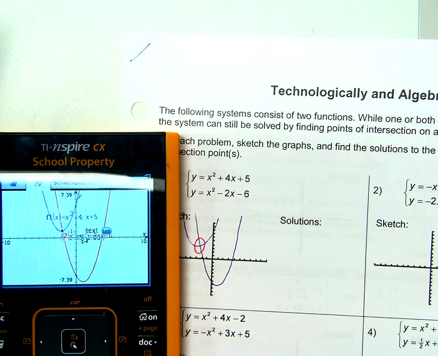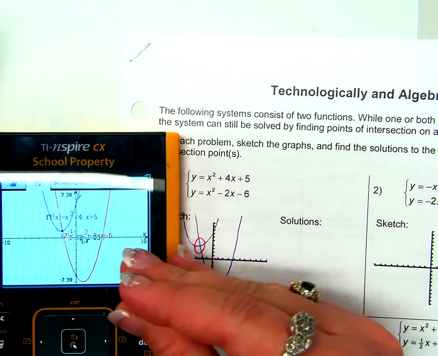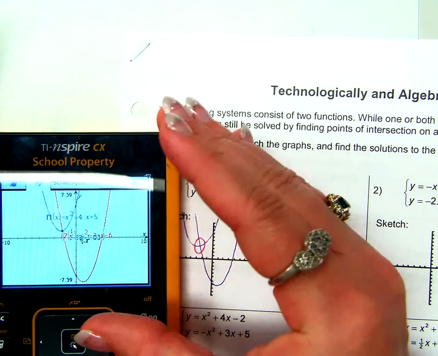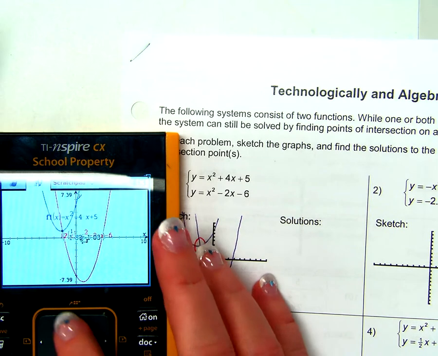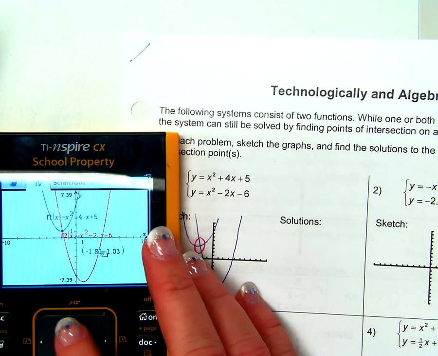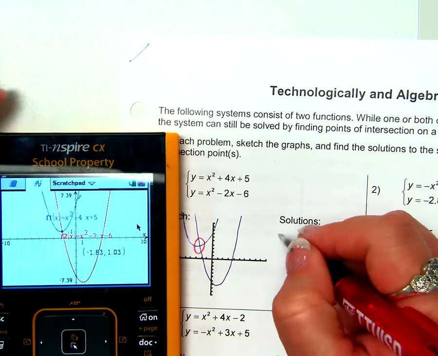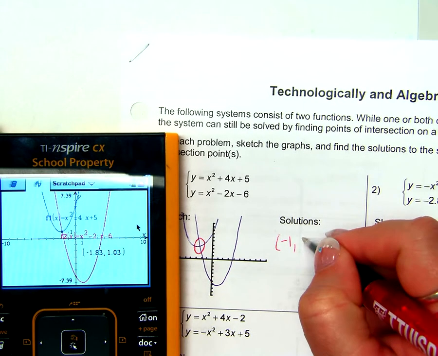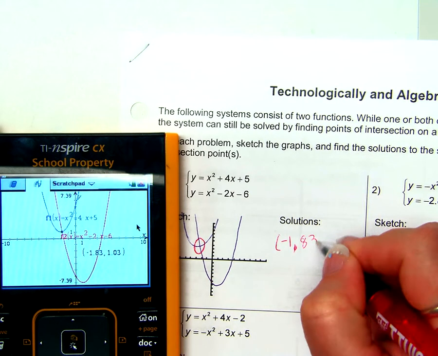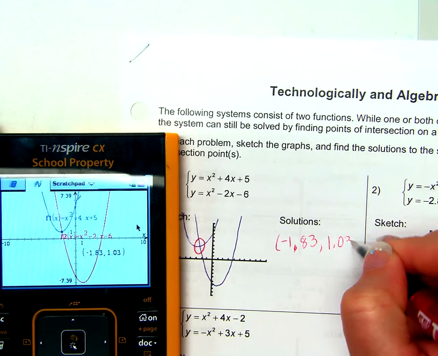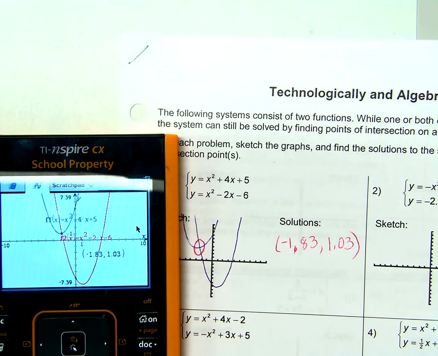I can press Control and then the middle button, and it just grabbed. Did you see it go from open to closed? And I can move it somewhere where I can read it a little easier. So, negative 1.83, comma 1.03 is my solution.